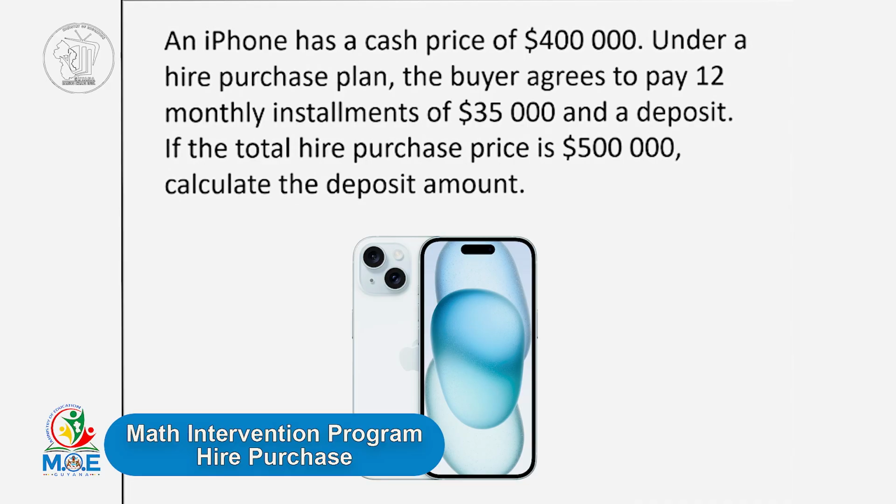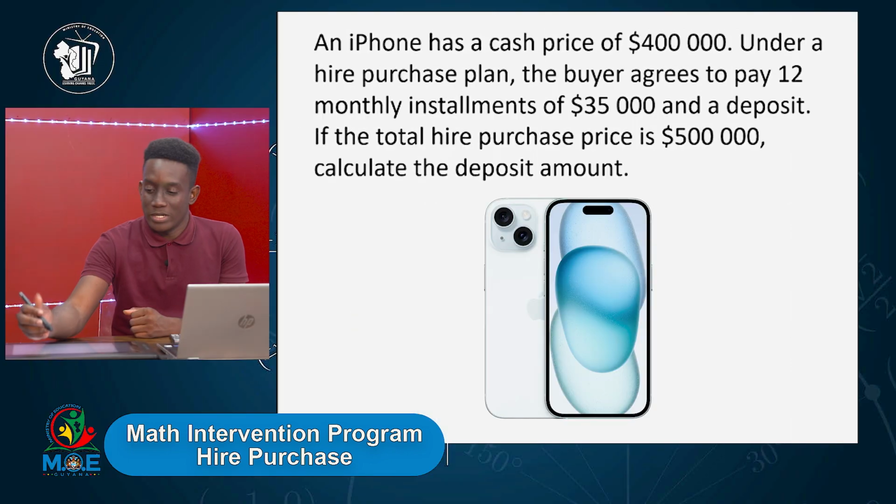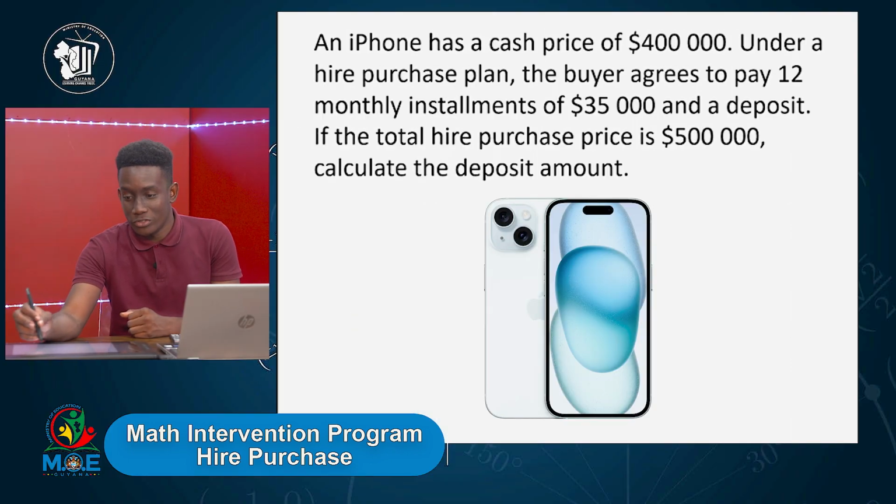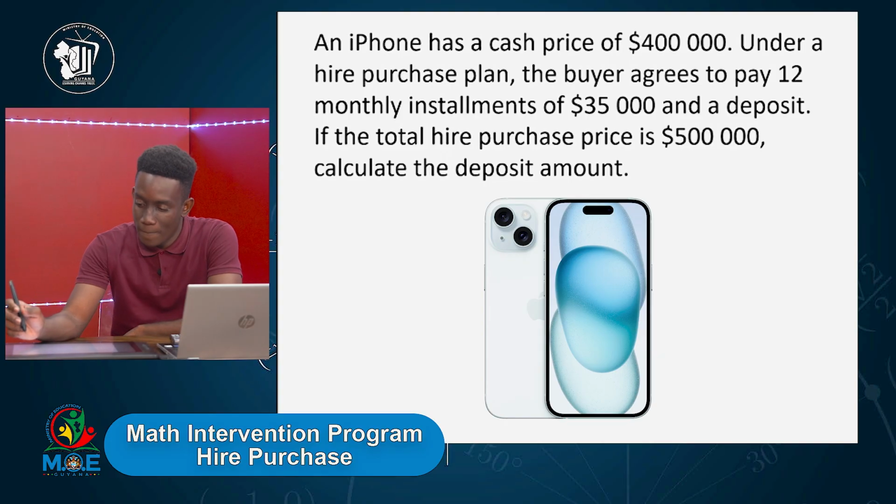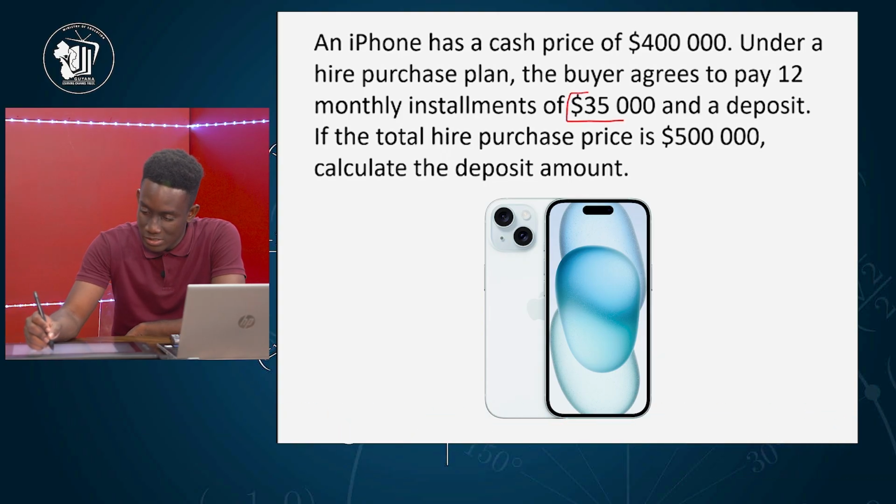Now, if the total hire purchase price is $500,000, calculate the deposit amount. So we have a few things here. We know that the cash price is $400,000. We know the monthly installment was $35,000 and they paid that for 12 months.